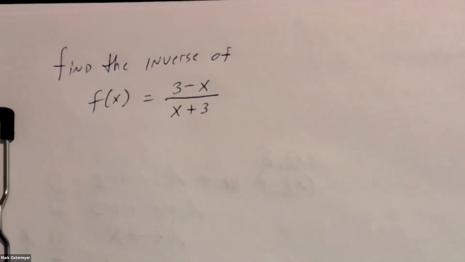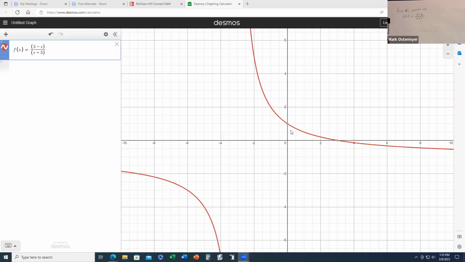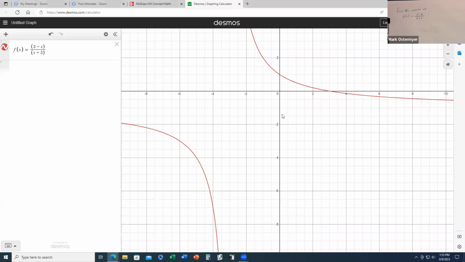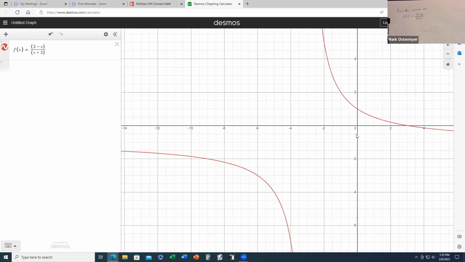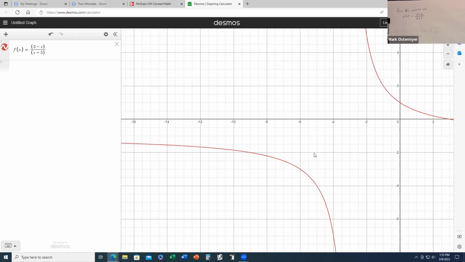I want to see if I can show you very quickly using Desmos here. All right, I just graphed it very quickly by using the Desmos calculator, and you can clearly see that this rational function is indeed a one-to-one function, because nowhere can you put a horizontal line anywhere and have it touch the graph at more than one point.